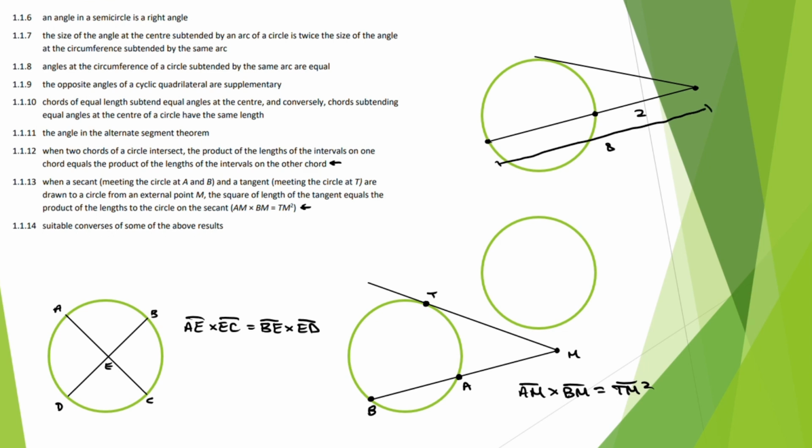Let's just assume that that's to scale. And let's say I want to find what this length is. What this length will be is x squared is equal to 8 times 2, because of my secant-tangent theorem. And so x squared is equal to 16, and so x is equal to 4. We reject minus 4 because a length cannot be negative, right?